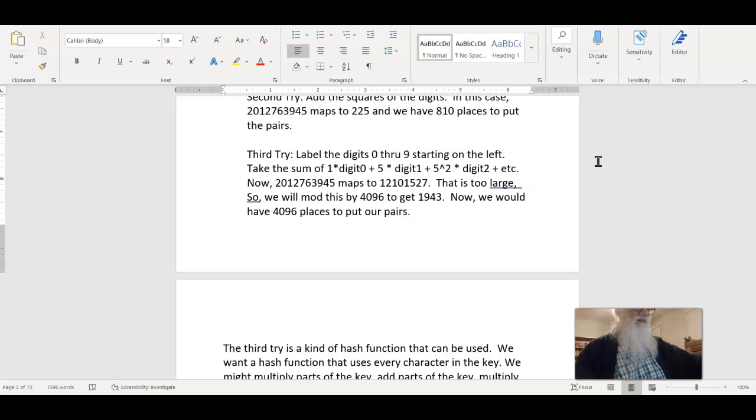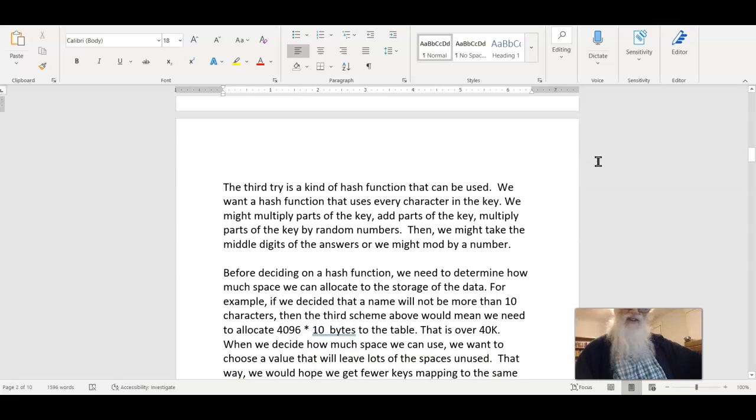That method is the kind of hash functions we might use. We want a hash function that uses every digit in the key. I said character there, but look at that as everything in the key, every individual piece. We might multiply the key, add parts of the key, multiply parts of the key by random numbers.